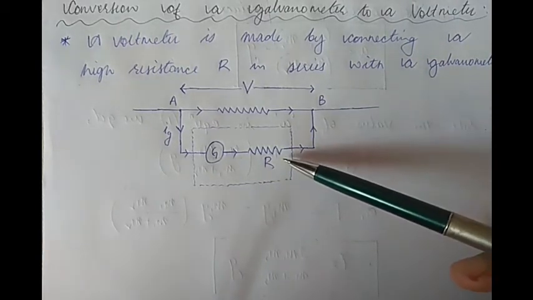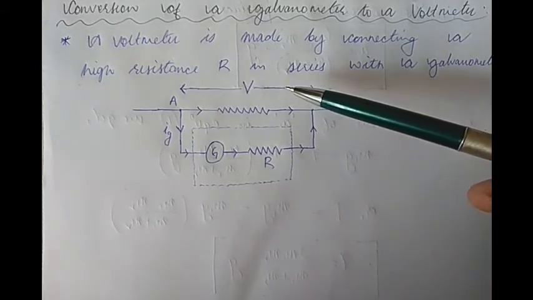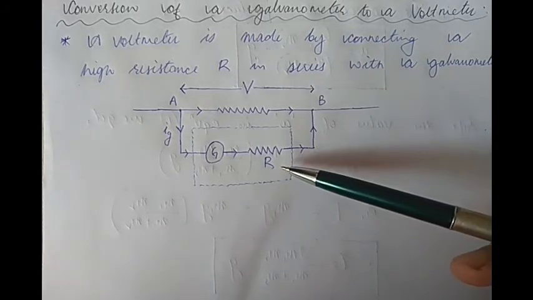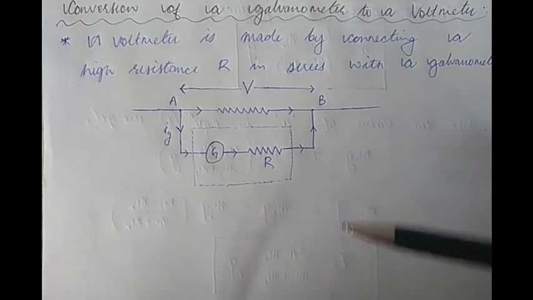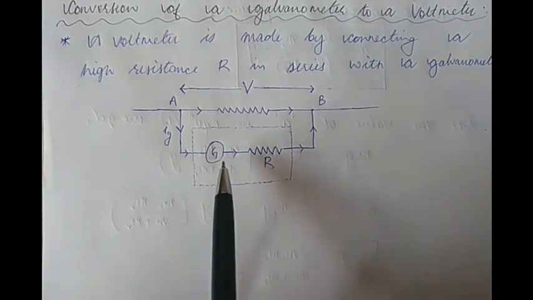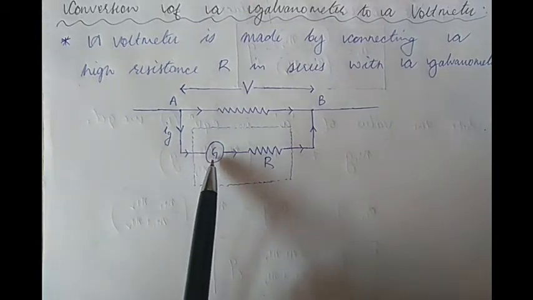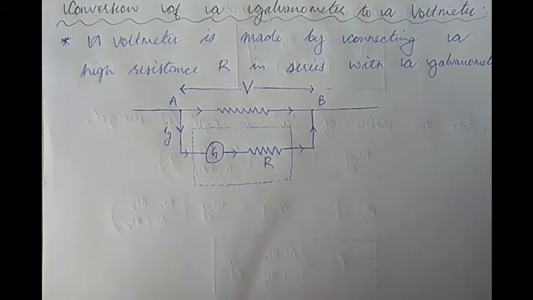Now again, the value of R depends on the value of the potential difference that is to be measured, and the value of the resistance R chosen will be such that when it is connected in series with the galvanometer, a maximum amount Ig of current flows through the galvanometer, such that the galvanometer shows full-scale deflection.